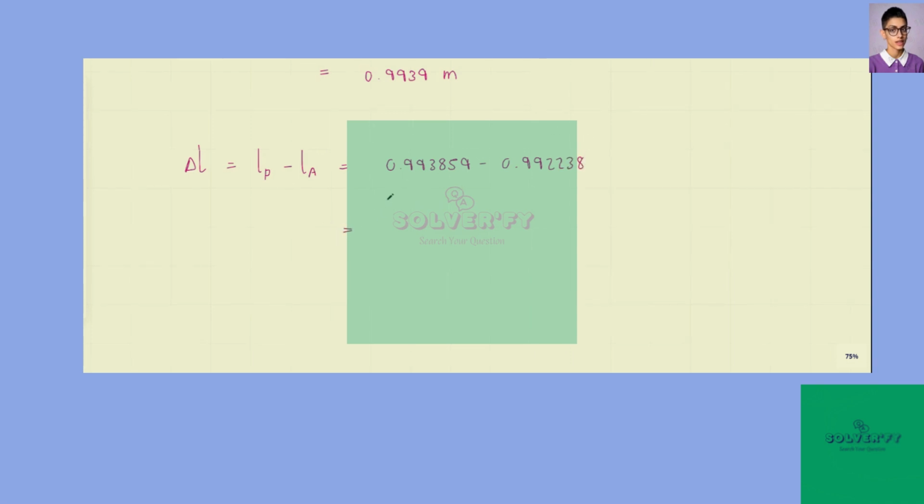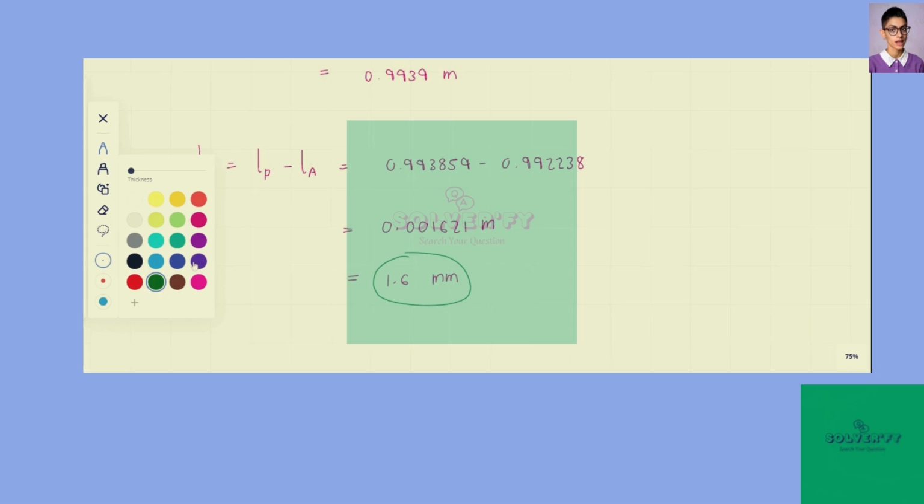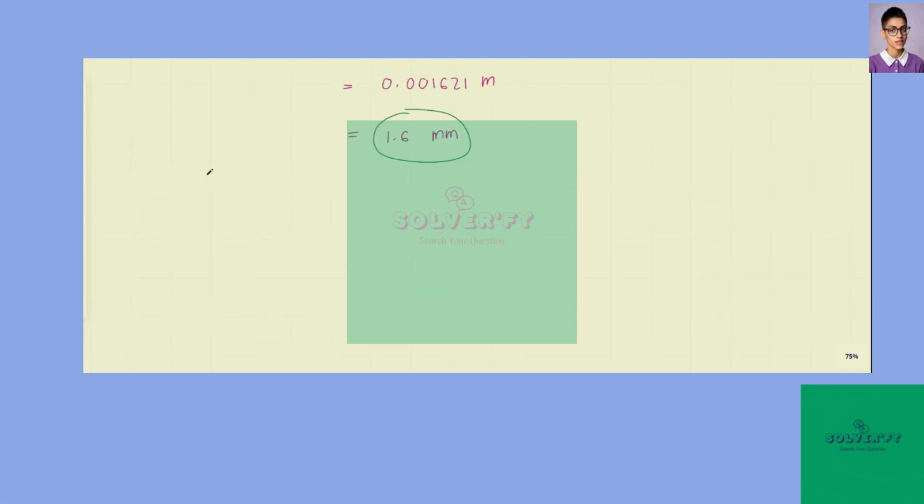This gives us the increased length in meters to be 0.001621 meters, or 1.6 millimeters. So we need to increase the length of the pendulum by 1.6 millimeters when going from Austin to Paris in order to keep the period at 2 seconds.